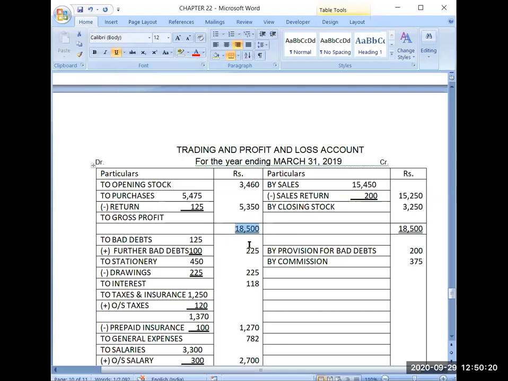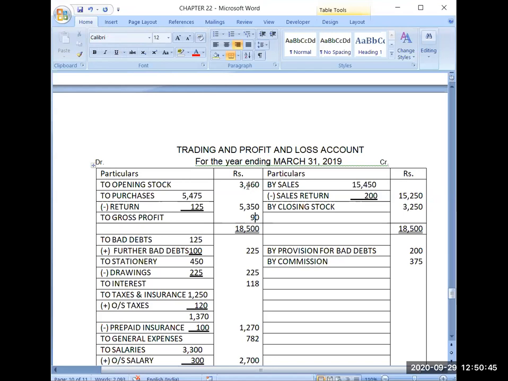Now out of this 18,500, I have to subtract these amounts. So without wasting time, I will be adopting my method only. 0, I have to add 0. Then 6, 5, 11. 11 plus 9, 20.